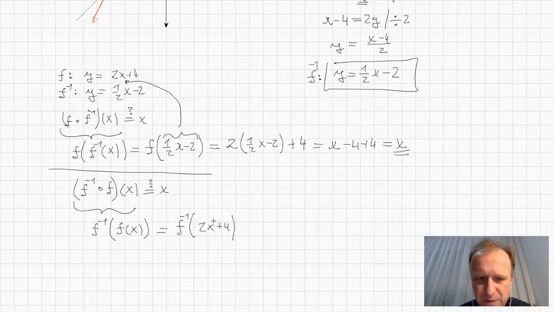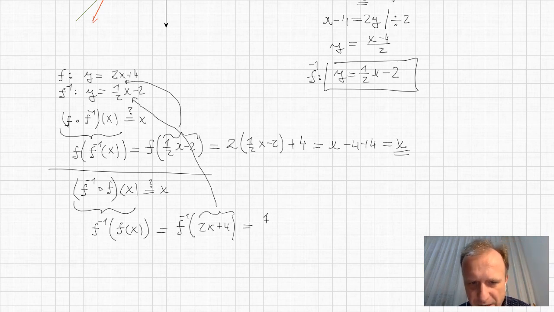Now take this as a new value of x for the inverse, so this equals 1/2 times, instead of x, 2x plus 4, and minus 2.